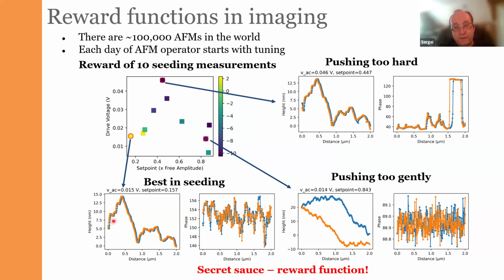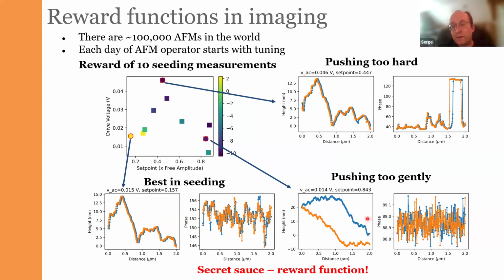So for example, this is an example of the AFM working just right. You see that the orange line and blue line coincide. That means that the trace and retrace coincide. And our phase signal is stuck around a certain value and shows some variations closely related to the topographic changes. We know that if we try to be too gentle, then the trace and retrace don't coincide.